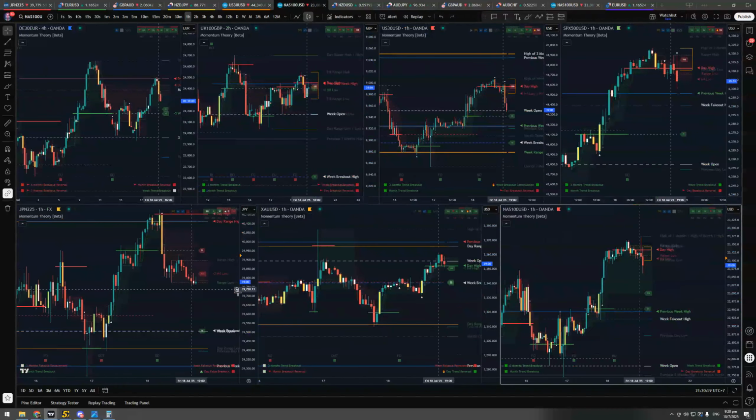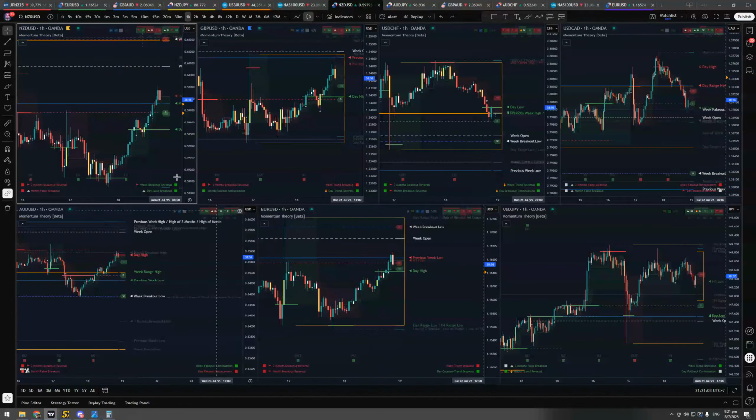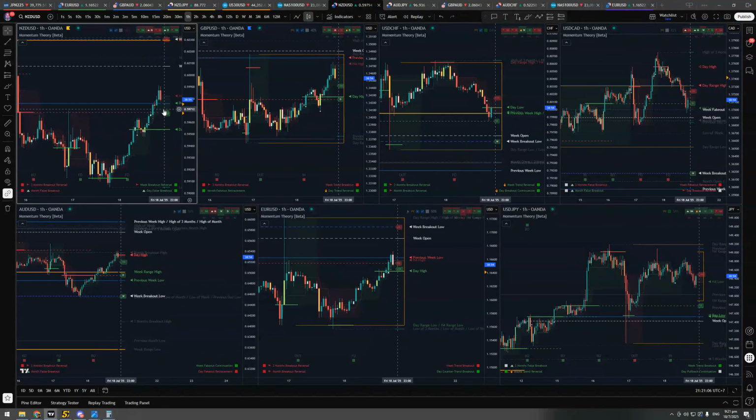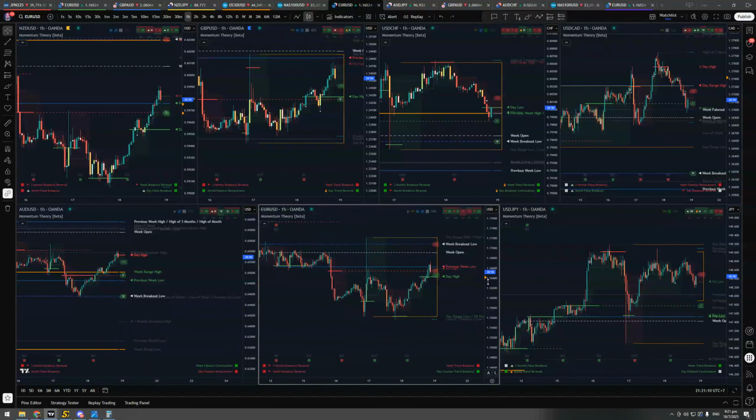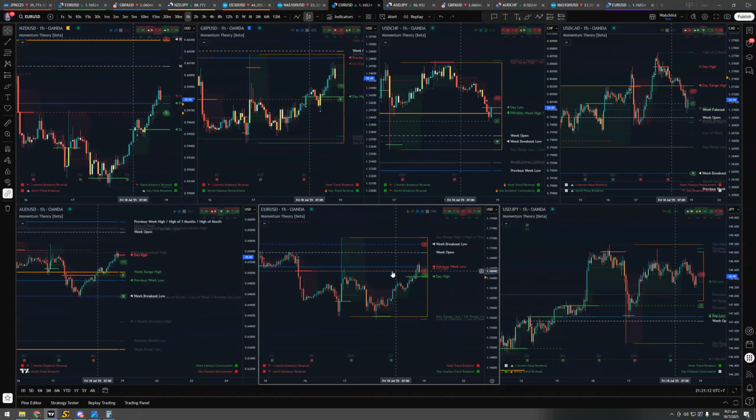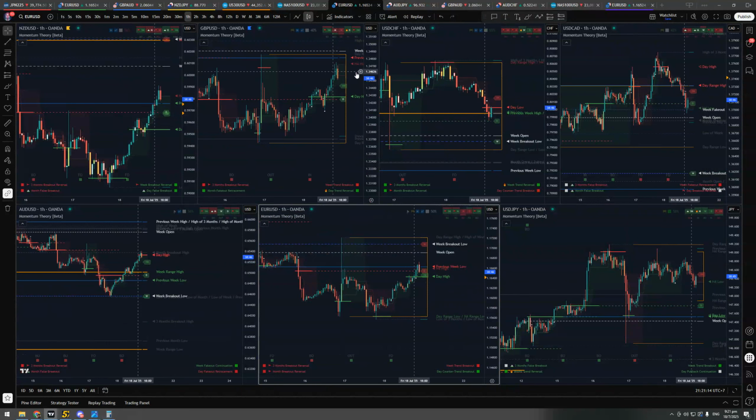Okay, I think the closest one for me is Nikkei, as well as one of these USD pairs, NAS, NZD, or Euro USD. The rest are not at levels.